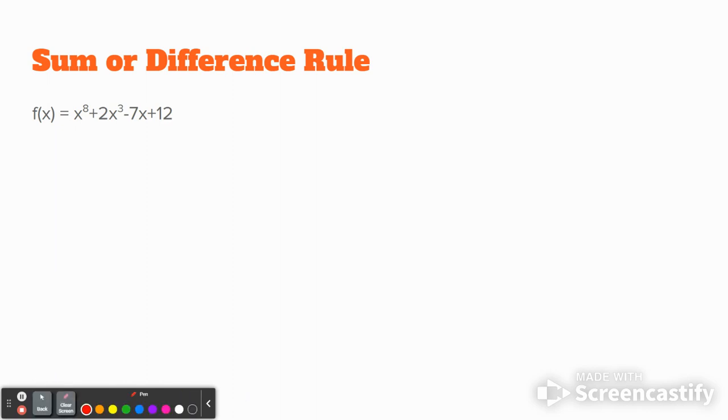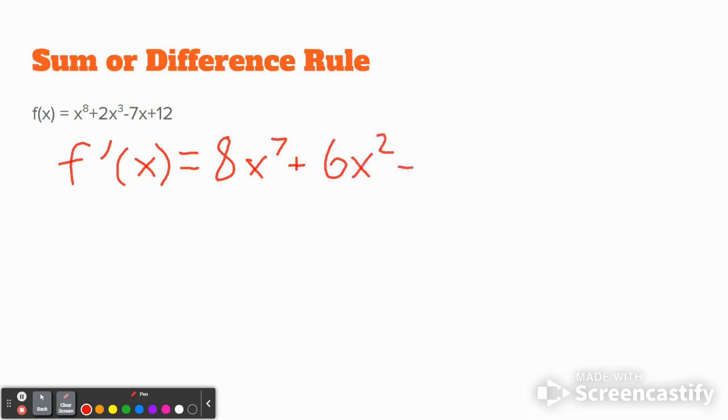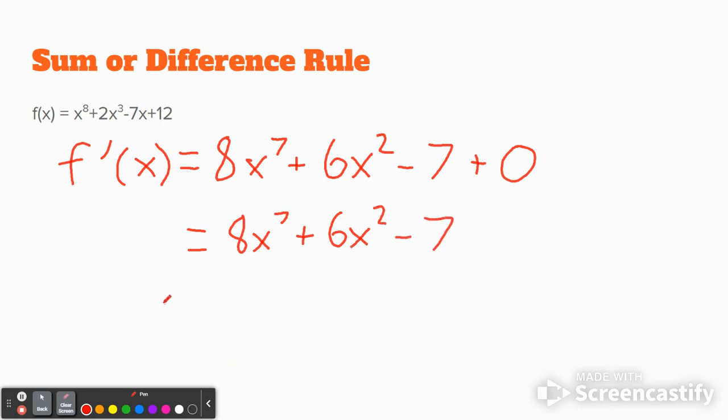So in this case, if f of x is equal to x to the 8th plus 2 times x to the 3rd minus 7x plus 12, f prime of x will be equal to 8x to the 7th plus 2 times 3, which is 6, and then x to the 2nd, minus 7, and then plus 0, which is just equal to 8x to the 7th plus 6x squared minus 7. So that is the sum or difference rule.